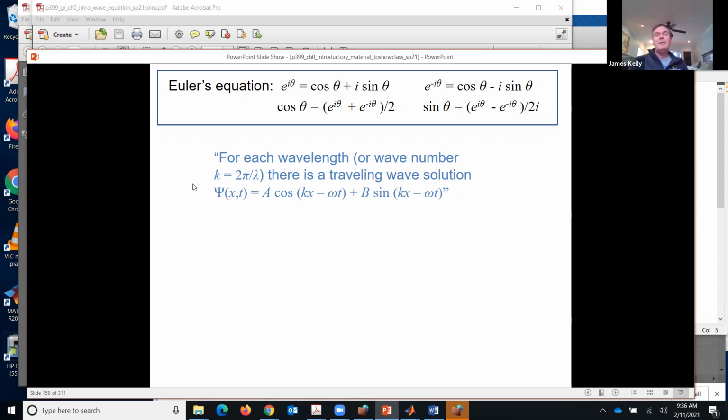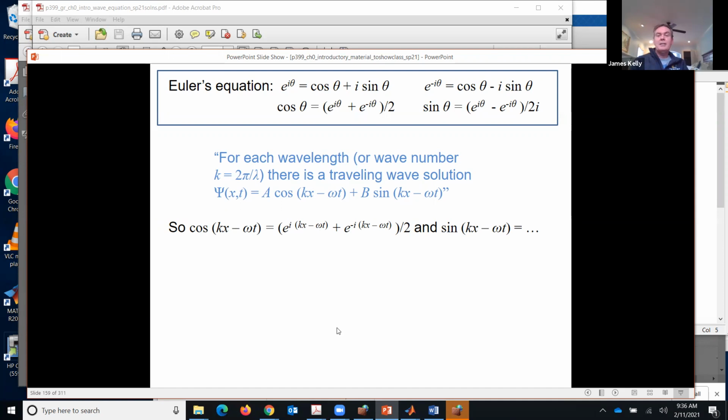And so far, we've been talking about, at least for the classical wave equation, we wrote the traveling wave solutions in this way. We want to re-express those in terms of complex exponentials, right? I now know how to write a cosine in terms of e to the I something and e to the minus I something, and similarly. So since cosine of theta is e to the I theta plus e to the minus I theta over 2, cosine of this mess can be expressed this way.